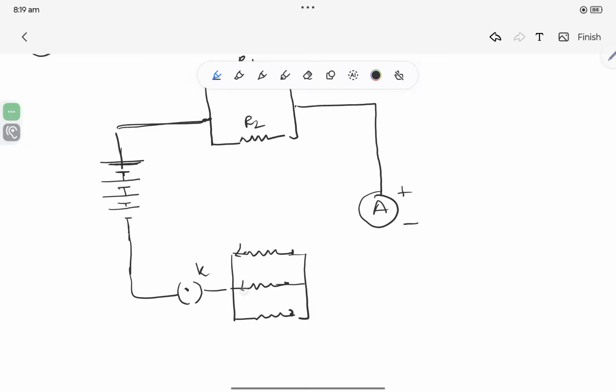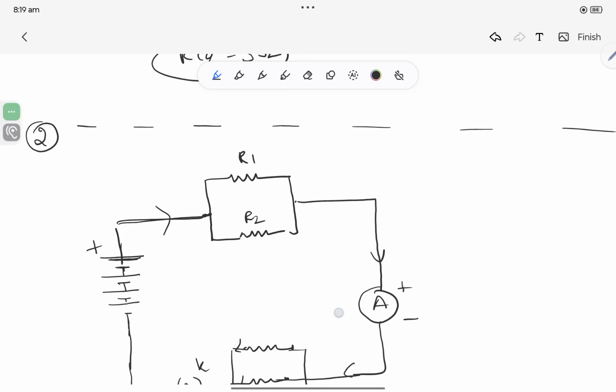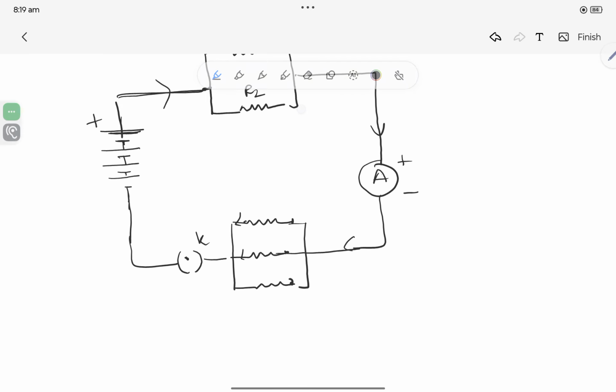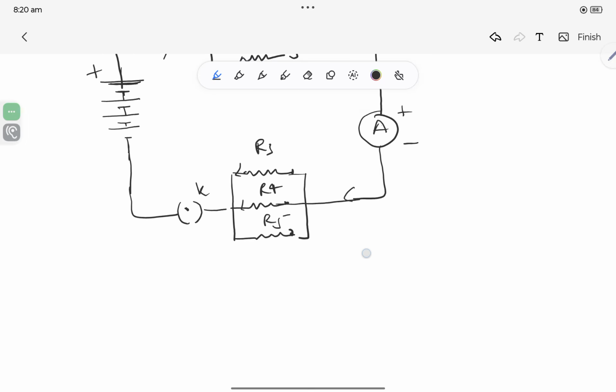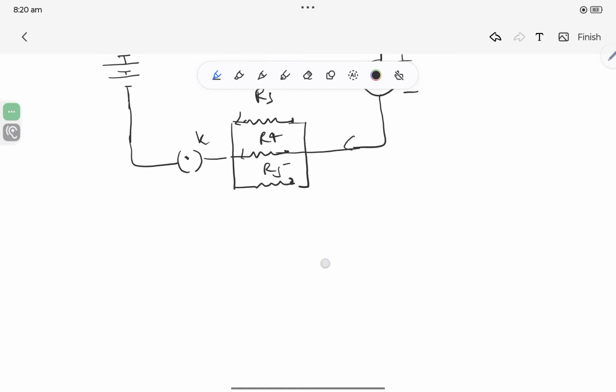Current flows from here to here. This is the combination. Here the resistances are R1, R2, this is R3, R4, R5. The resistances are given.